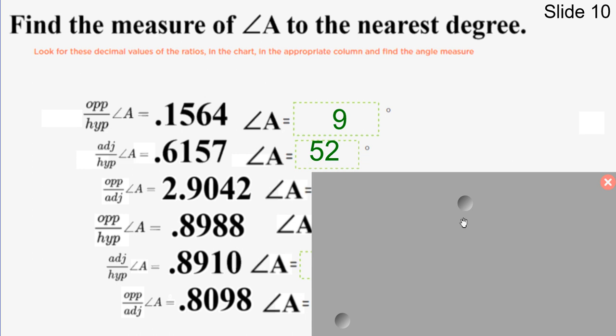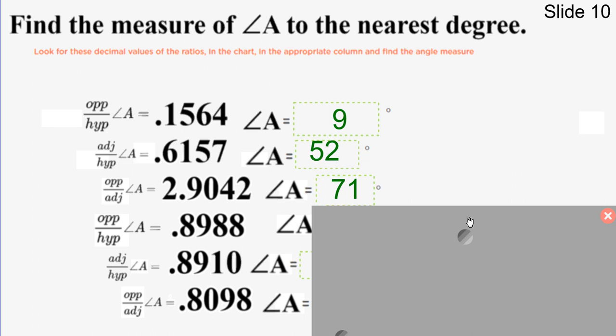If things are going well in your table, we went to the opposite over adjacent column, looked down to find this match or something as close to it as possible without going over, and we have a measurement of 71 degrees. Then we went to the opposite over hypotenuse column, looked down to find this ratio for an exact match or something close to that to find our angle measurement.